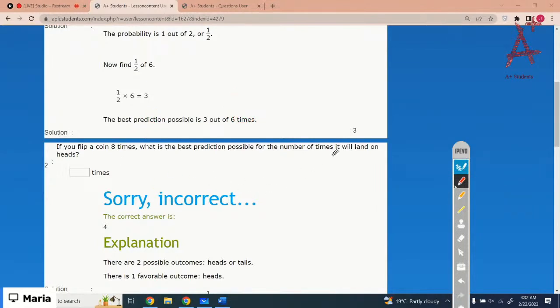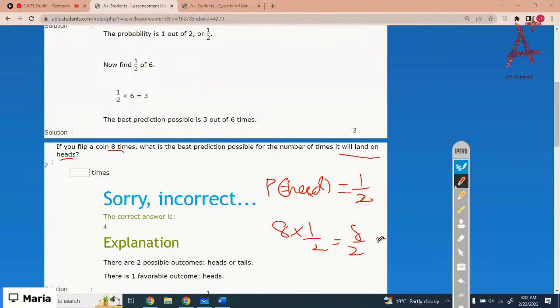The probability that it will land on heads is just 1 over 2, because the total options are 2, and out of 2, one of them is heads. And then you flip the coin 8 times, so you have to do 8 times 1 over 2. 8 times 1 is 8, and 8 over 2 equals 4. Got it? That means the best prediction is 4.